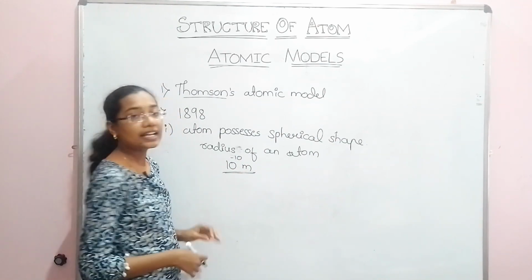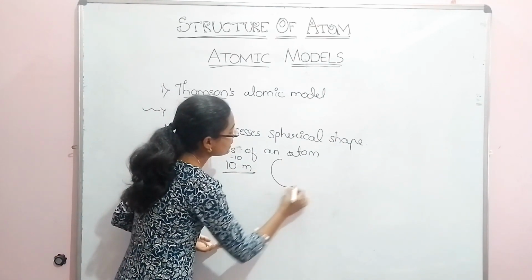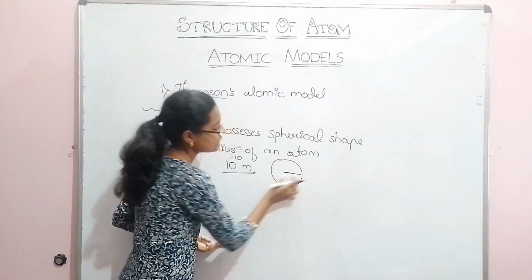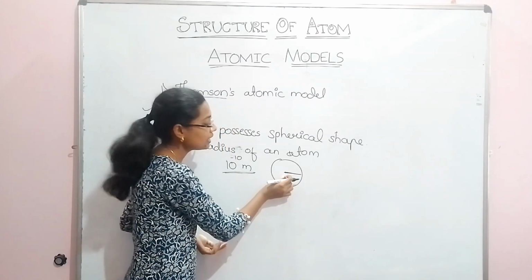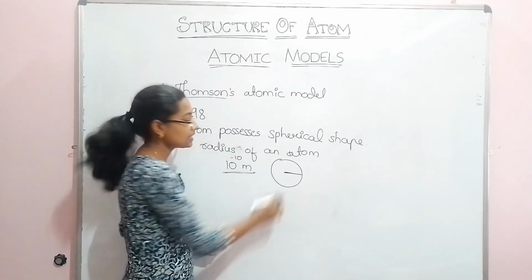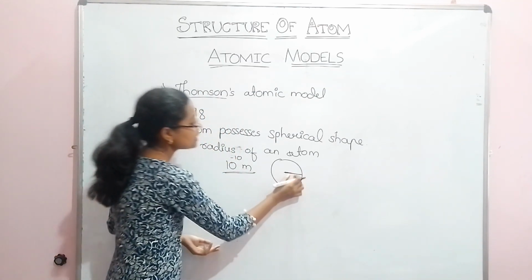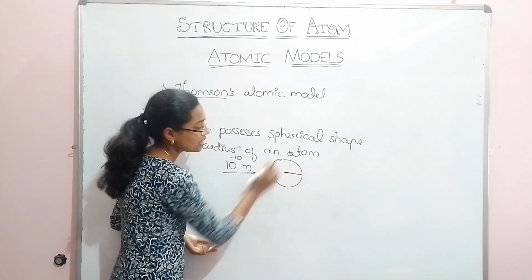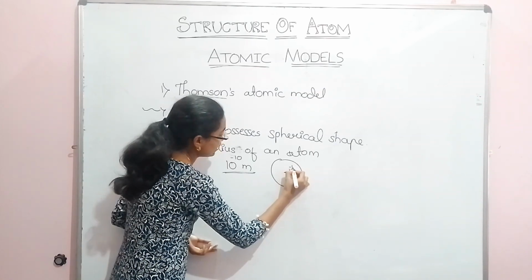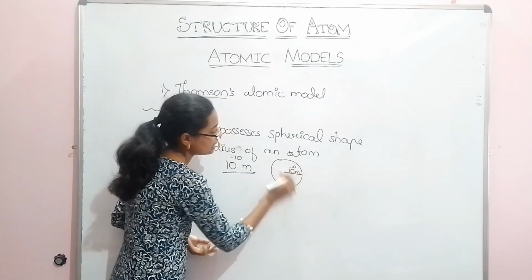What do you mean by radius? This is the radius: the distance between the center of the circle to the end point. Consider this circle as the atom, and this is the radius of the atom.